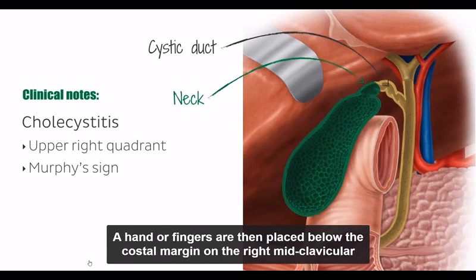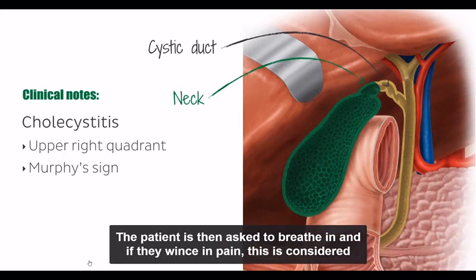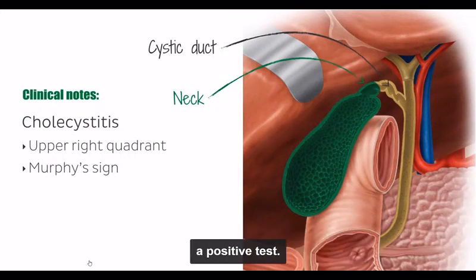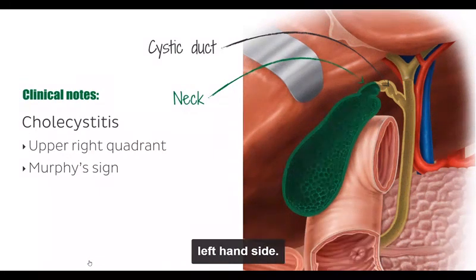A hand or fingers are then placed below the costal margin on the right mid-clavicular line, the approximate location of the gallbladder. The patient is then asked to breathe in, and if they wince in pain, this is considered a positive test. However, this must be confirmed by ensuring the same manoeuvre doesn't cause pain on the left-hand side.